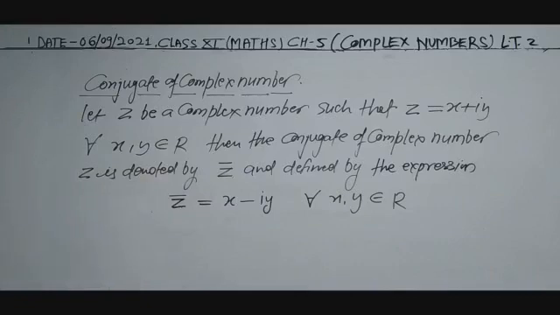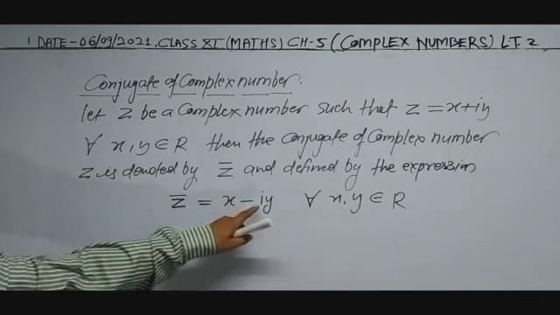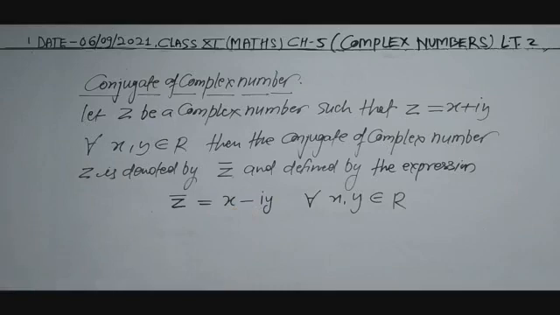Means in the conjugate of a complex number, you will see the real part is the real number itself. Only the imaginary sign is changing. So after changing the imaginary sign of any complex number, you will get the conjugate of the complex number.